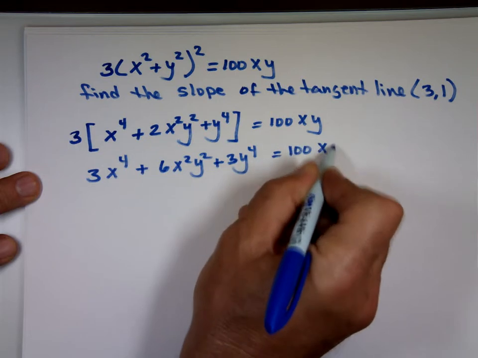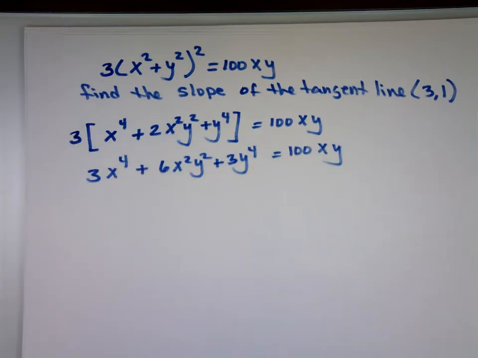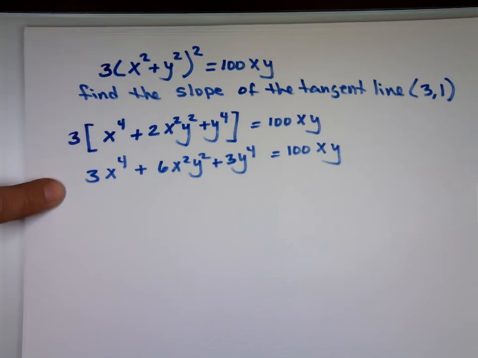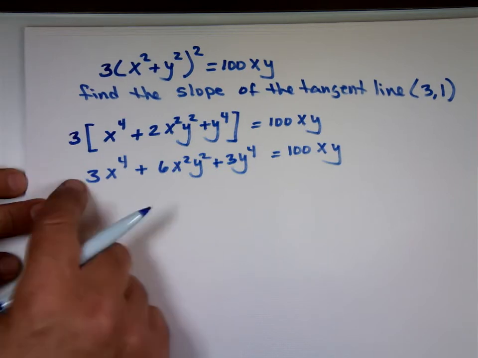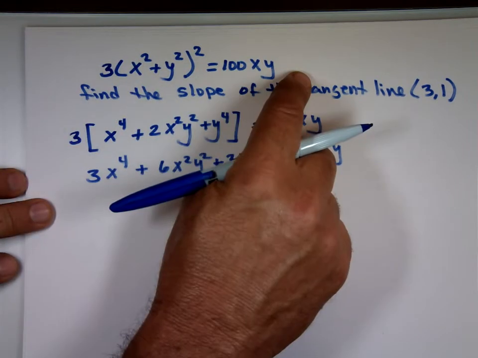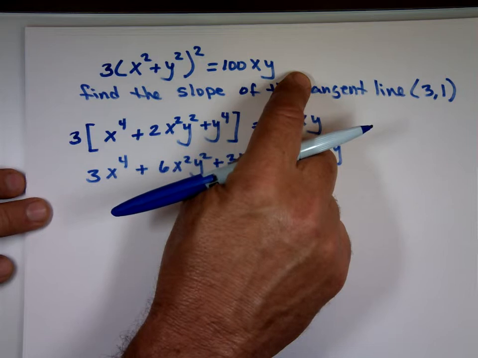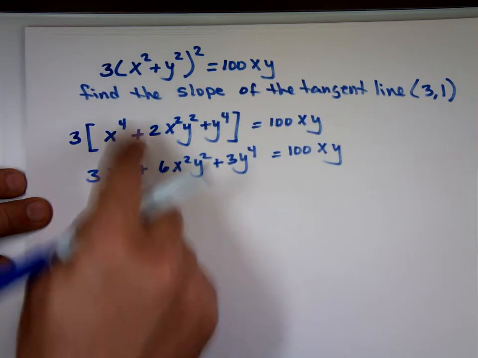Could you actually solve for y? No way. So it doesn't matter if I leave it like this or like this. I can't solve it for y. So my approach is implicit differentiation. I can either do it here or do it for that one. Normally I don't do this extra step right here.